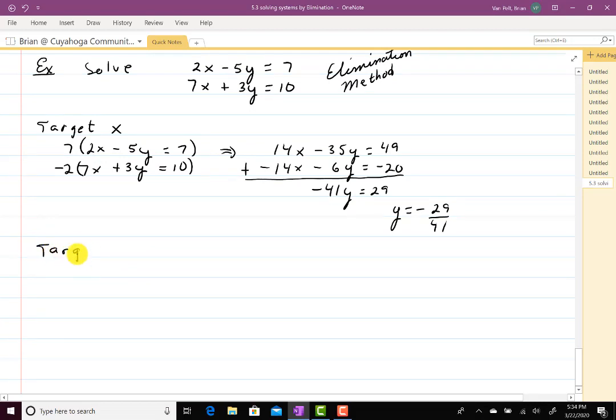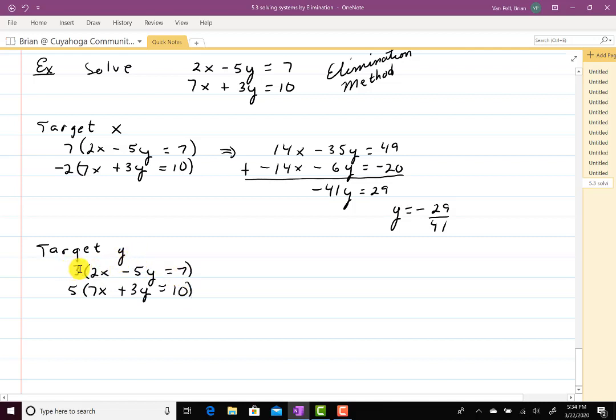Then I'll target y. So I'll look now at the 5 and the 3. I'll put a 3 on the first equation and a 5 on the second equation.